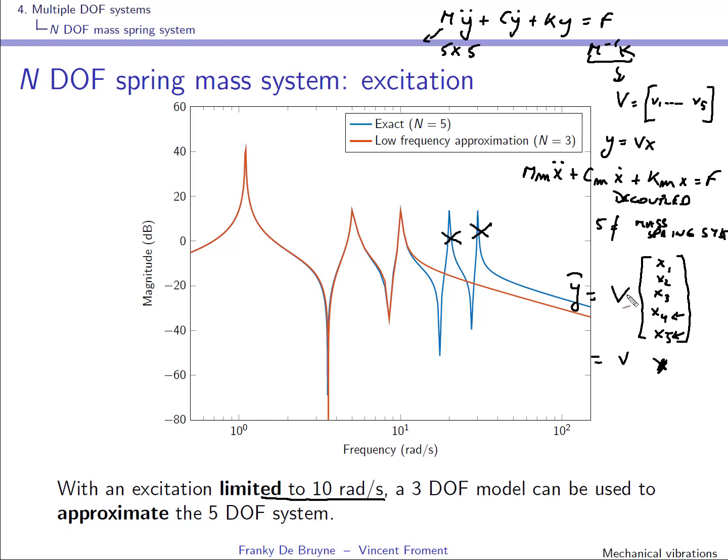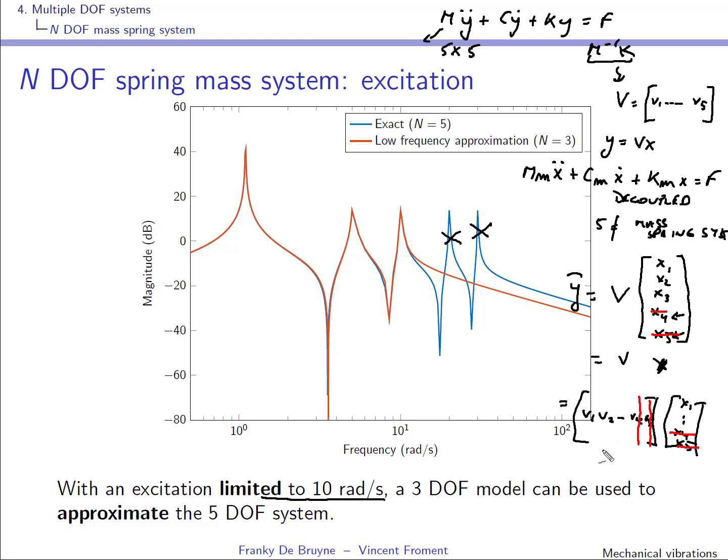Well, we know that this one and this one are not going to give you a contribution. So we can write that down as x1, x4, x5. Okay, so here we have v1, v2, v4 and v5. And since we are not using this element here, we cross out this column and we cross out this column.